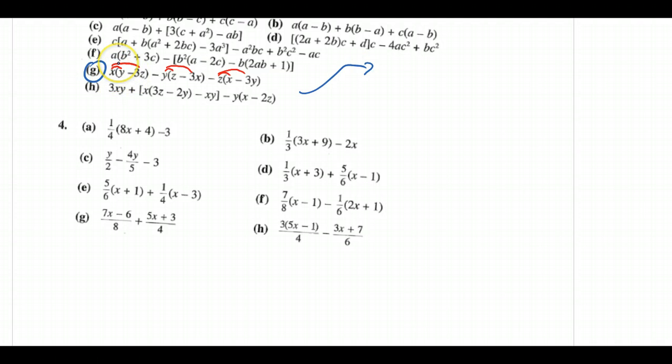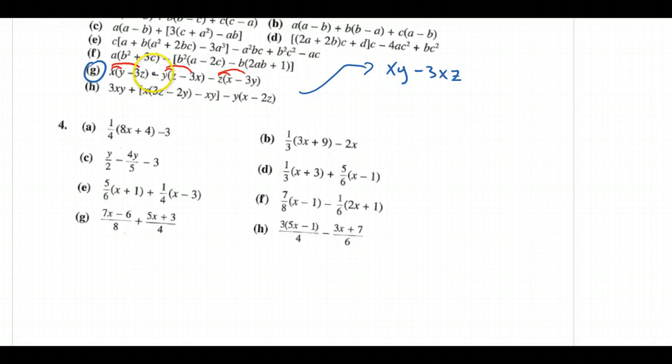So the x times everything inside the bracket: I have x times y gives me xy. Then I have x times negative 3z, and that would be negative 3xz. Then I'm going to move on to the second term here, and that's going to be negative y.